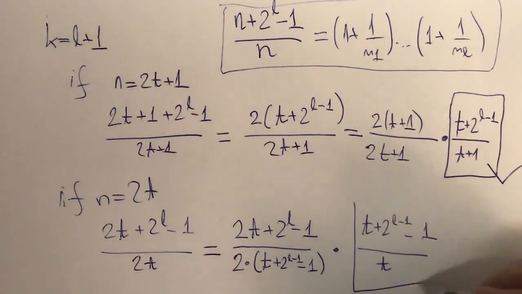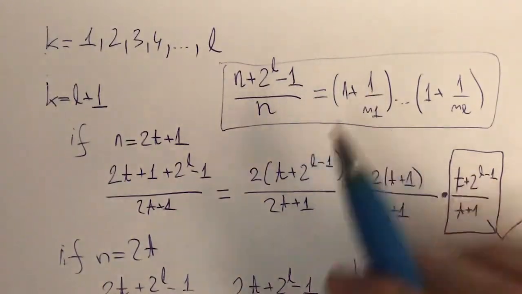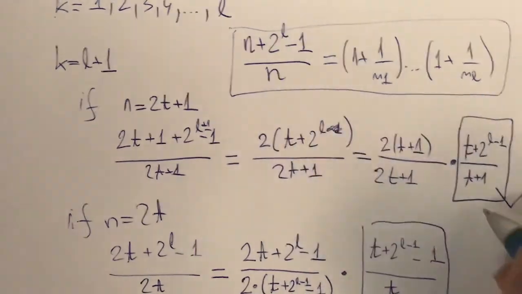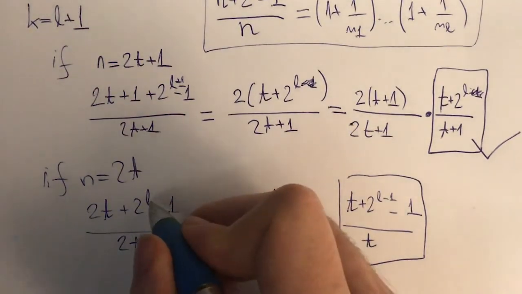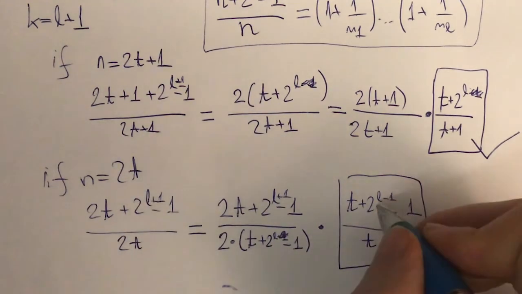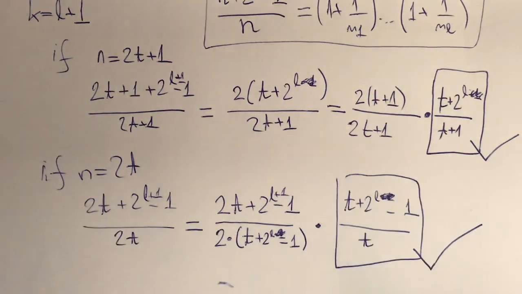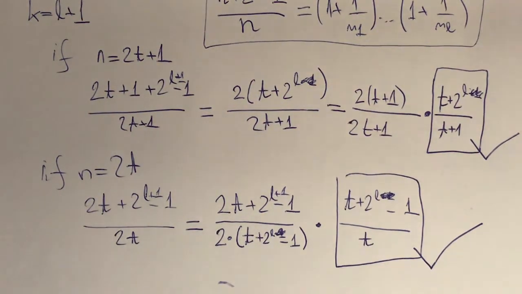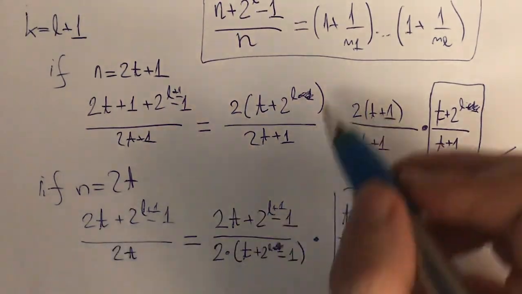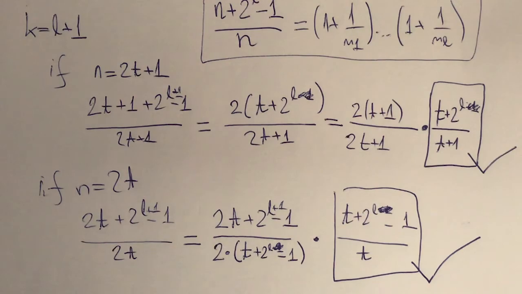Now this thing right here is of the identical form as this. Actually, we made a mistake. This should have been L plus 1 and then just plain L. And this should have been L plus 1, and just plain L. Now everything's in order, and we have proved that this can be written as the product of L plus 1 numbers of the form 1 plus 1 over m, where m is a positive integer.